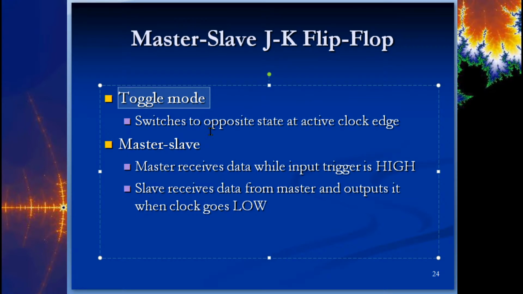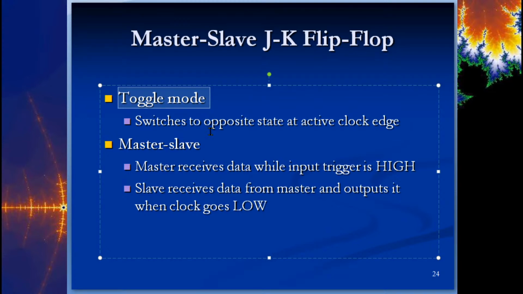And we said that with the SR flip-flop, if you do have a 1-1 on the input, that actually pulls both of the Q outputs low. That's what we call the unused condition.